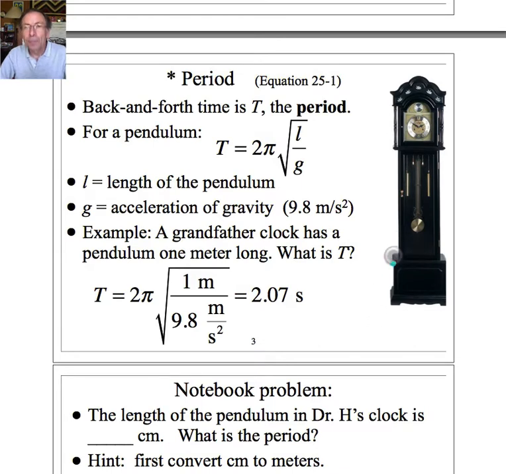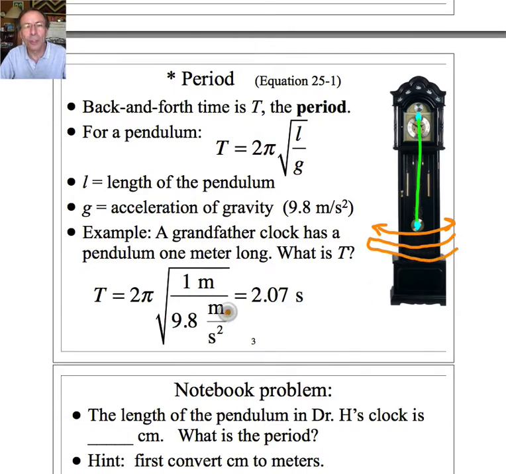So now, the pendulum in a grandfather clock, here's the weight, and the pivot point is somewhere up here, and there is a rod connecting the weight to the pivot point, and it will swing back and forth. So the period is the time it takes to go there one way and then back the other way.